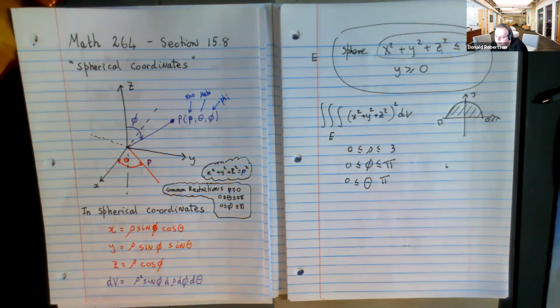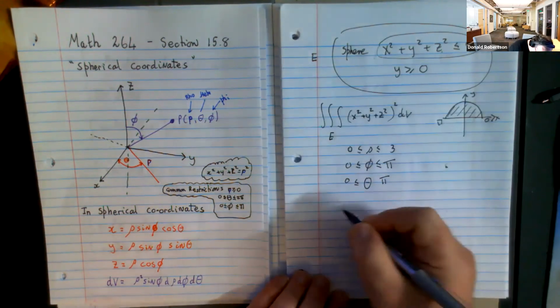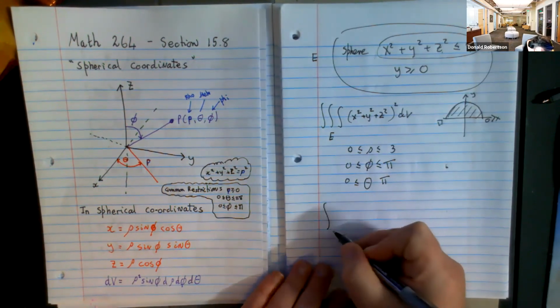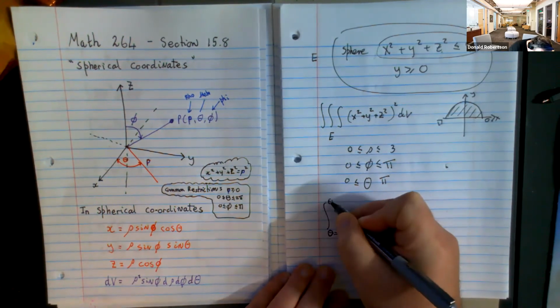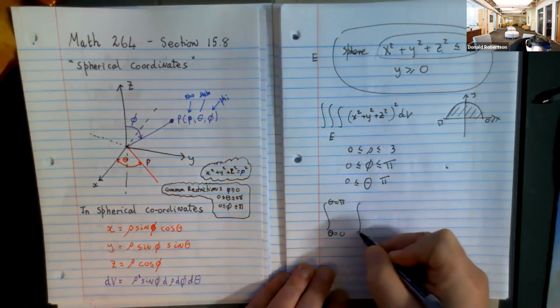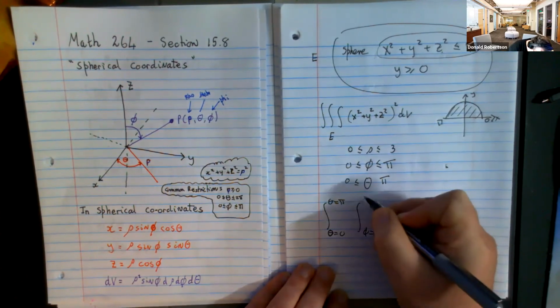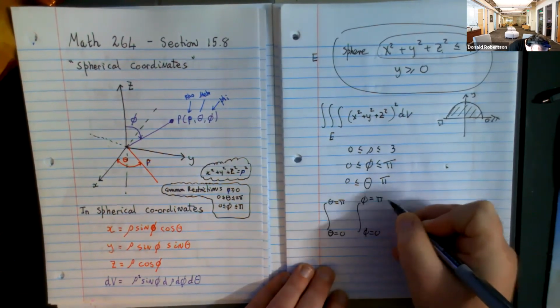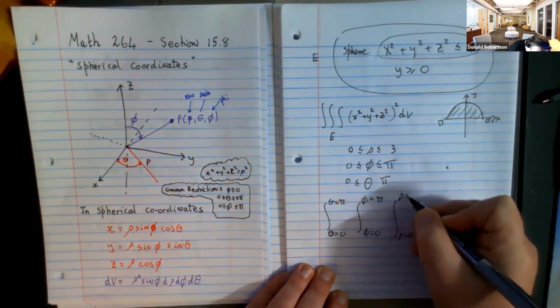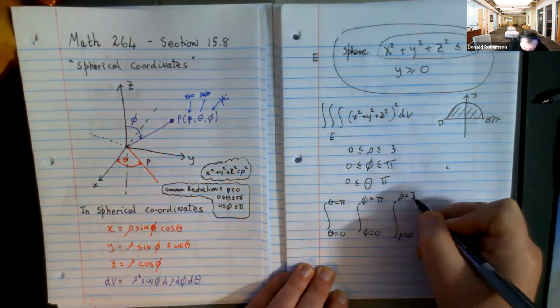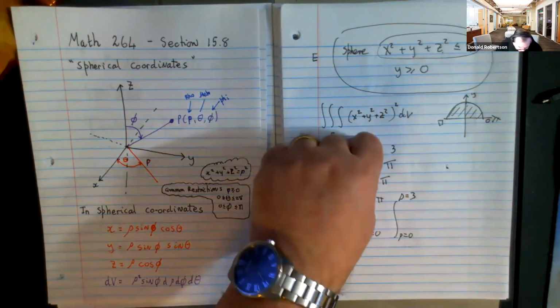Just putting together what we've done today. Agreed? So theta equals 0 to theta equals pi. Phi equals 0 to phi equals pi. Rho equals 0 to rho equals 3. So that's these restrictions in.